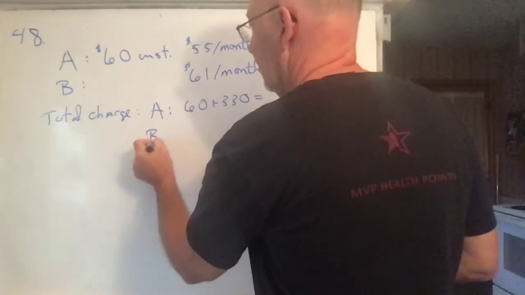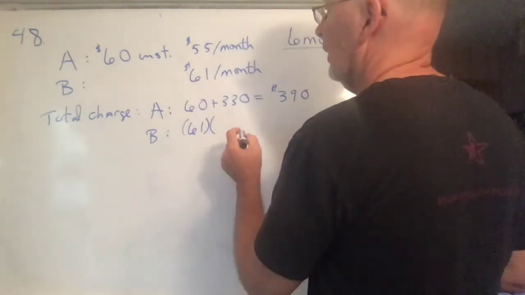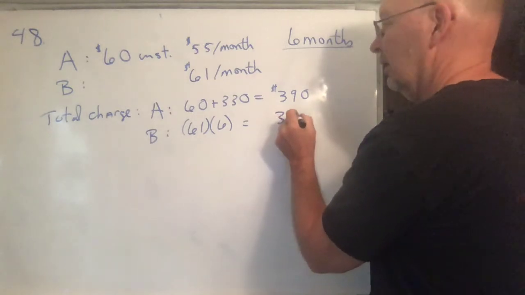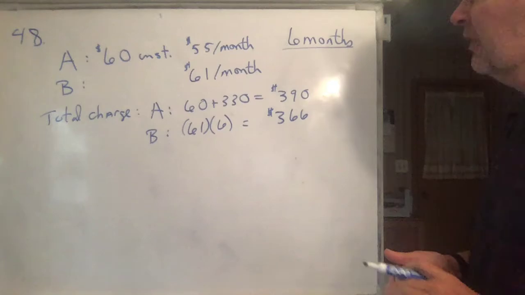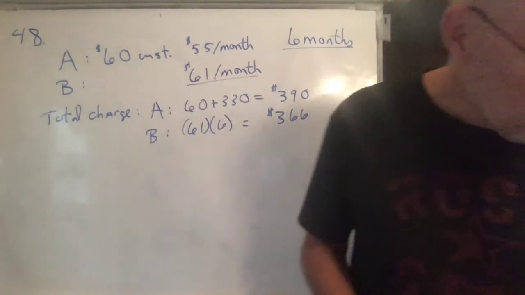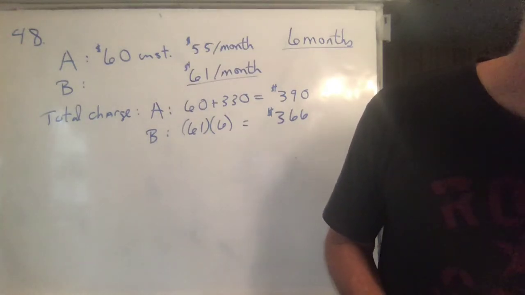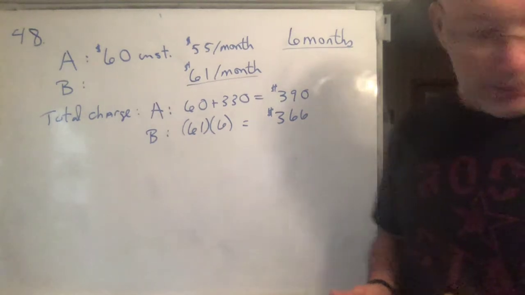And B is going to be 61 times 6, which is 366 for 6 months. So obviously she's better off doing it this way. Okay, I guess let's just answer it like that. So which one should she choose? She should choose company B.